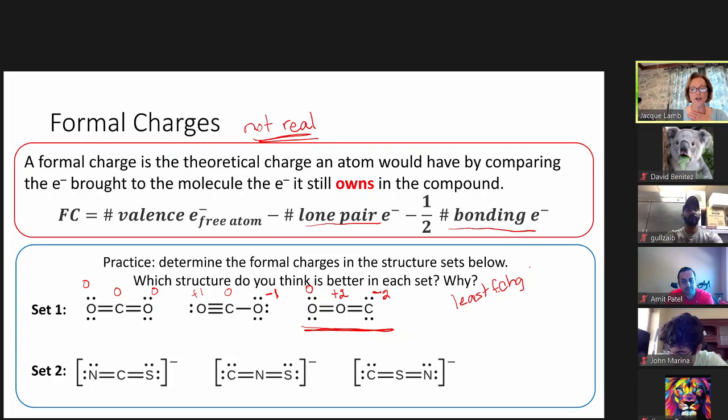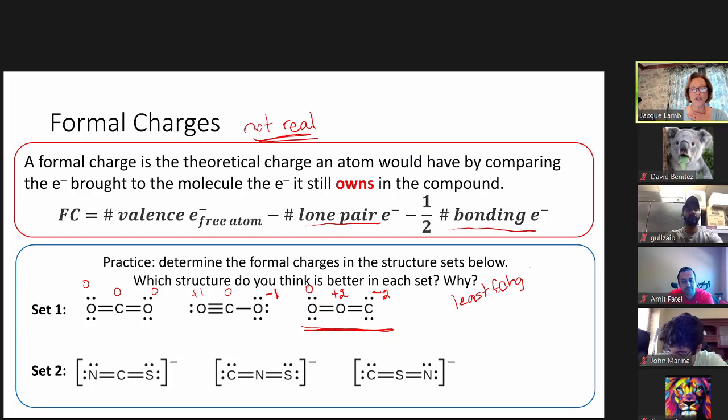And the second thing is that the atom that has a negative charge on it, a negative formal charge, should be the most electronegative element in the structure. So let's take a look at this second one. Again, we have carbon brought 4, has half of each bonding pair, so it has a formal charge of 0.